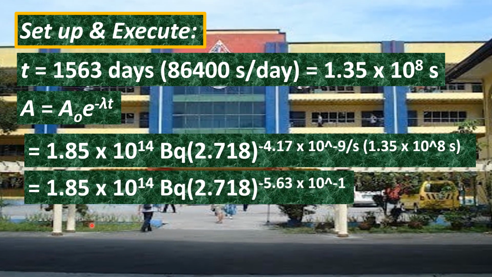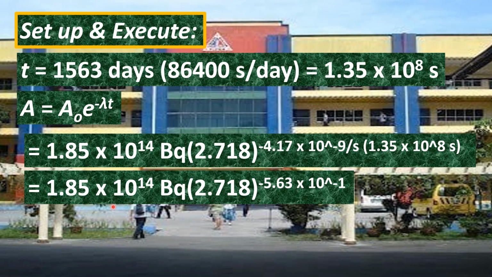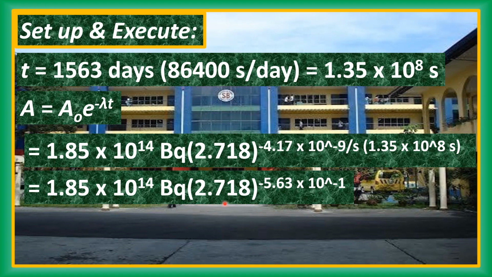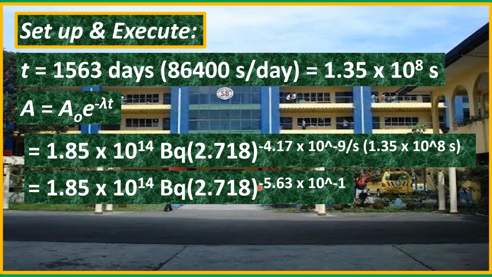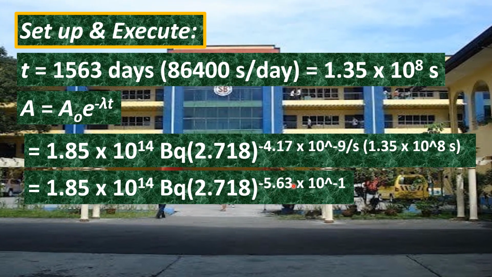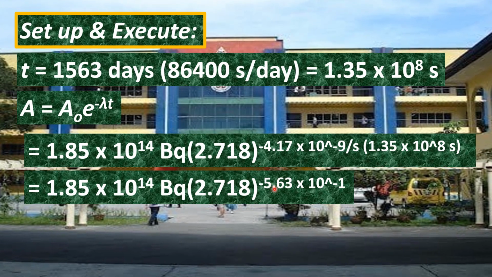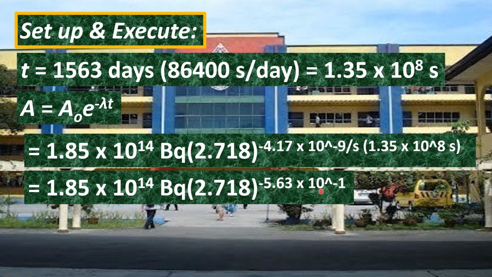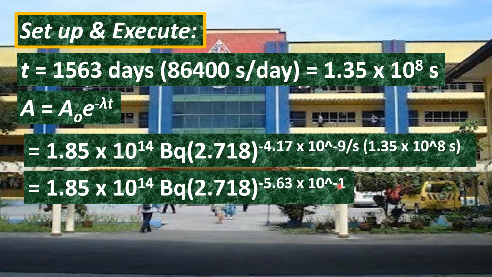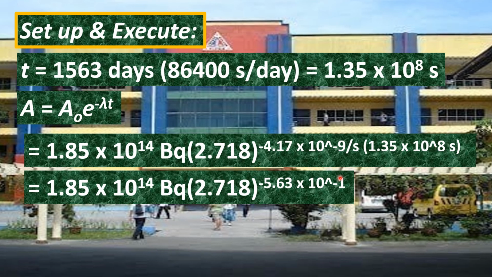this becomes 1.85 times 10 to the 14 becquerel multiplied by Euler's number, whose exponent we have just simplified to negative 5.63 times 10 to the negative 1. The unit second has been cancelled.